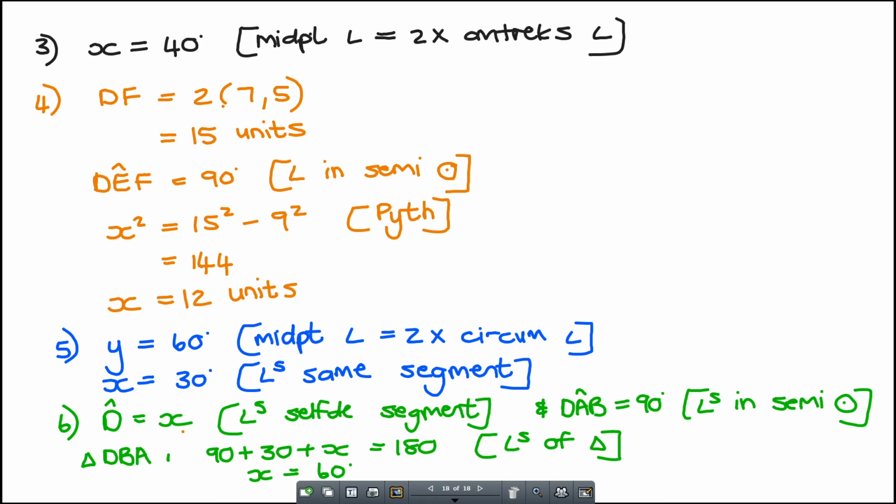Ja, ek het hom andersom net weer gedoen. Ja, perfect, ja. Jy het hom net met teenoorgestelde van my gedoen. Any questions? Kan ek maar skip? Hands up, we're still copying.